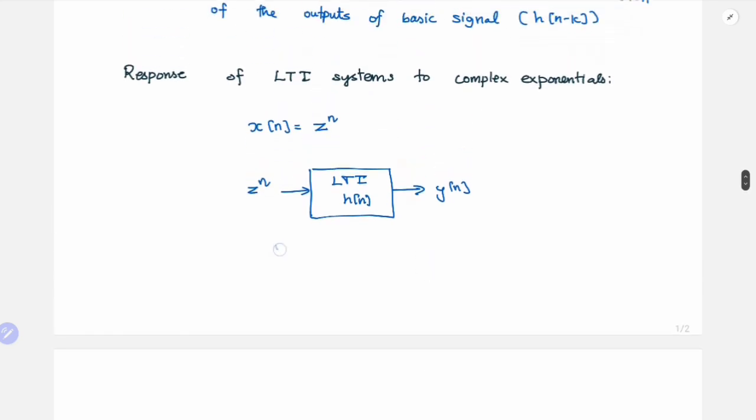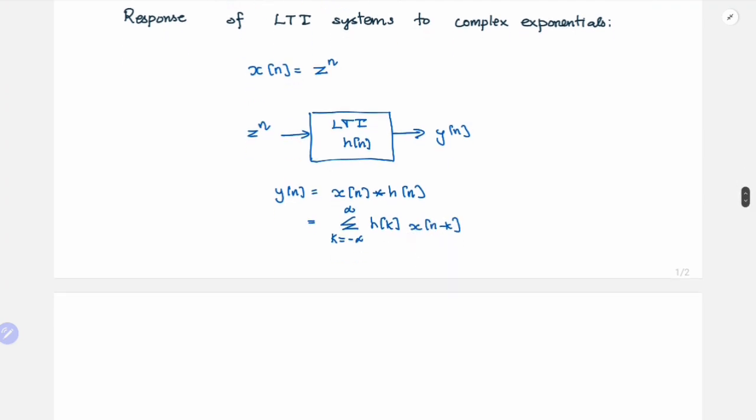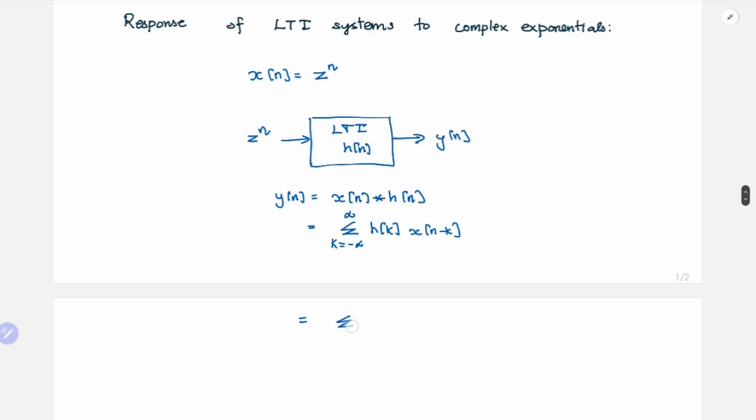We know that y of n is given by x of n convolved with h of n, which is nothing but summation k equal to minus infinity to infinity. I can write it as x of k into h of n minus k, or h of k into x of n minus k. This will be convenient for me, so I am writing it this way. We'll see in a minute why it is so.